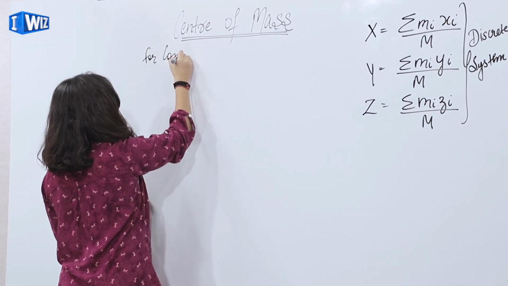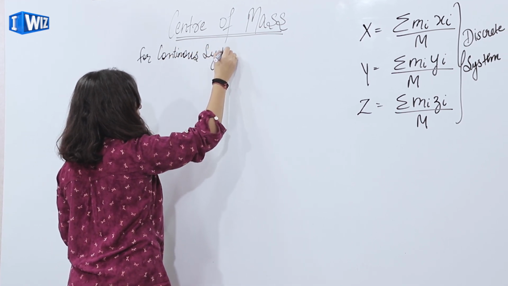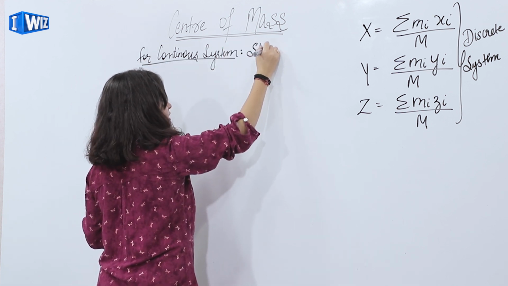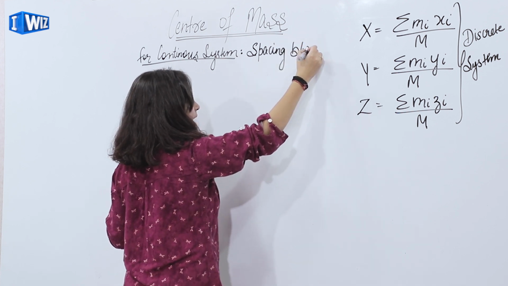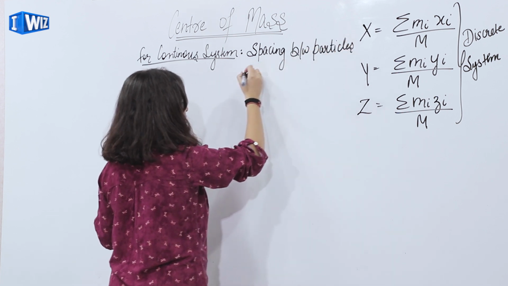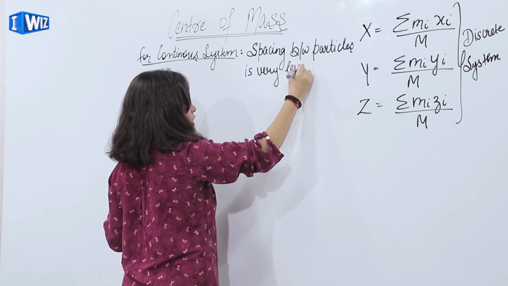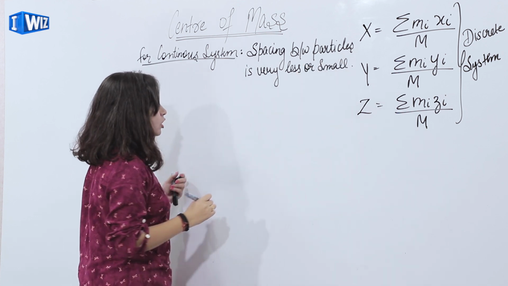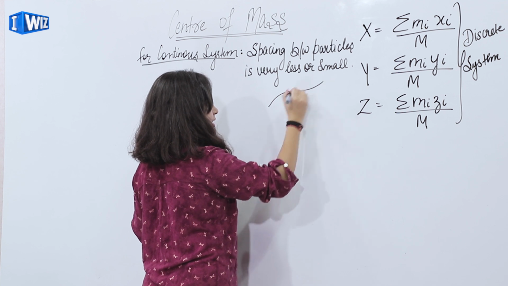for a continuous system, the spacing between particles is very small. So for a continuous system, consider this.